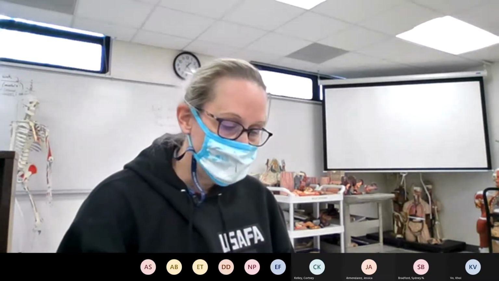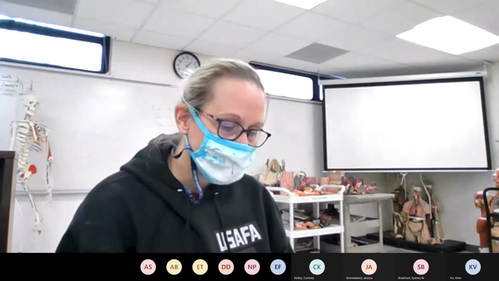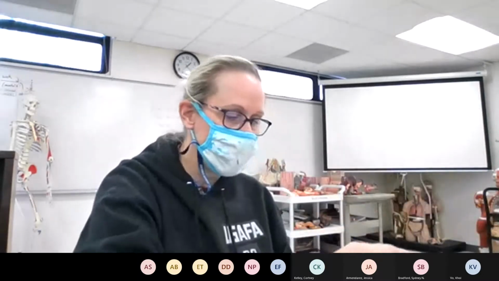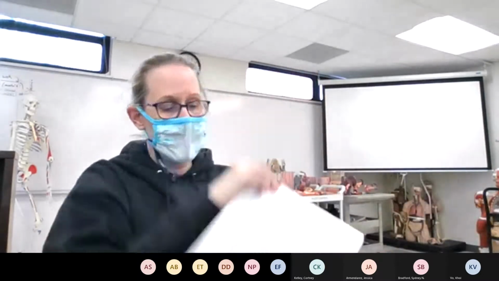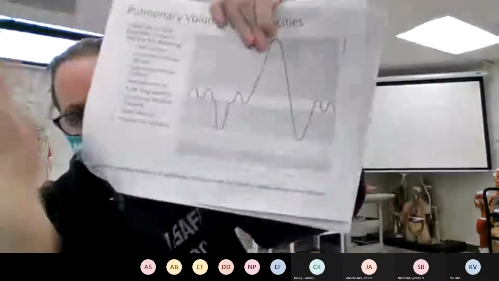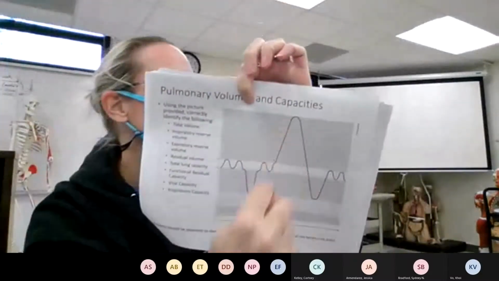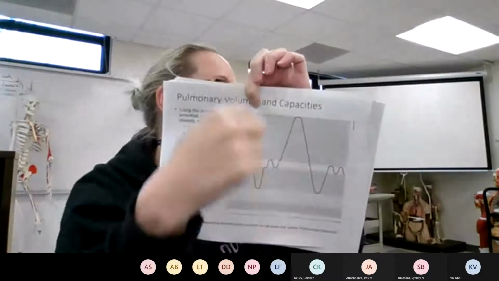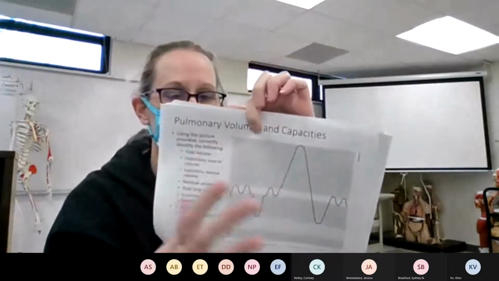Okay? All right. Now, when you take a pulmonary function test, it's not as clear here where exactly I am forcing the air out versus letting it out naturally.